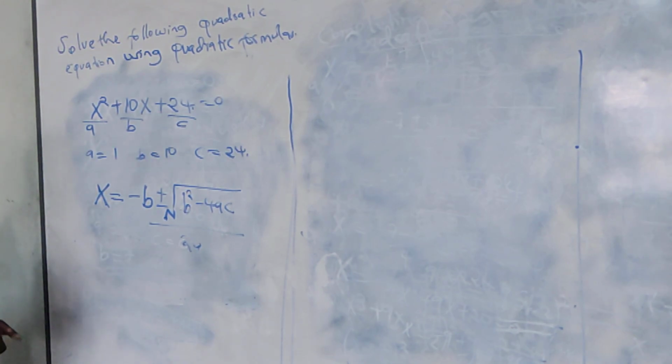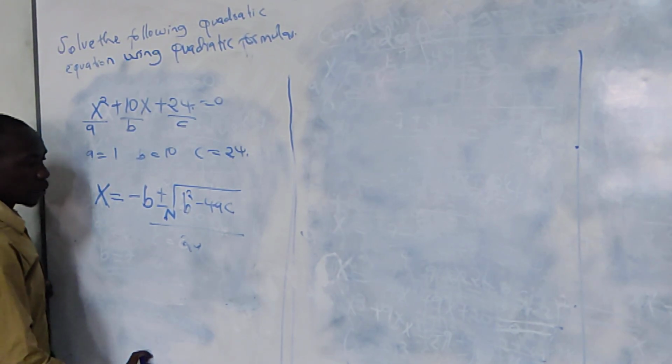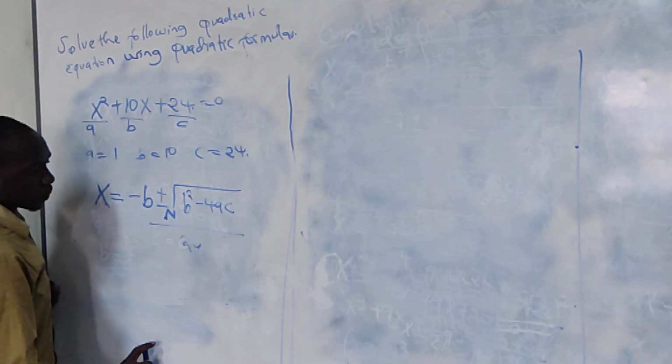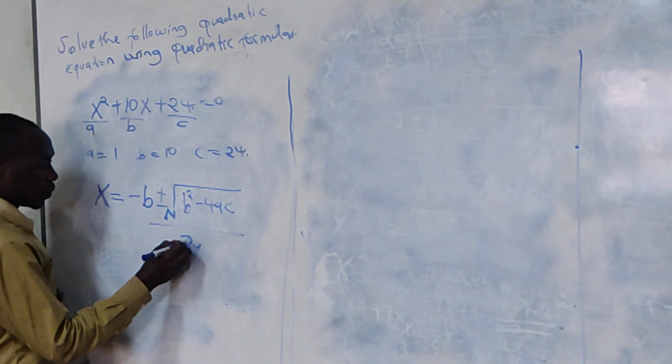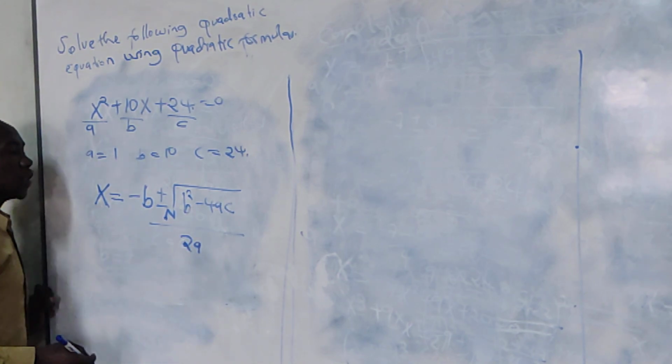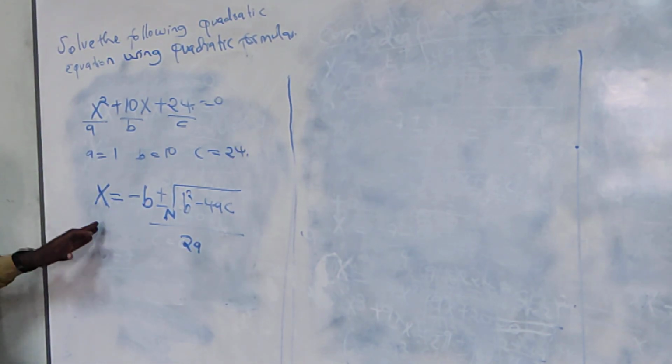That's what we need to have when we are dealing with a quadratic equation. This is the formula that we have. Once we have it, we can now put in the values.